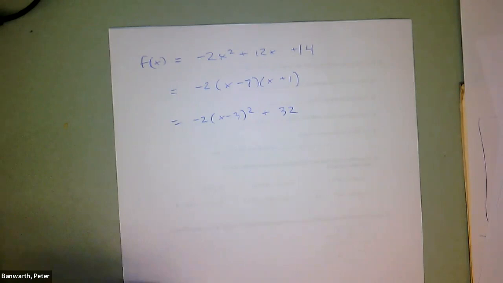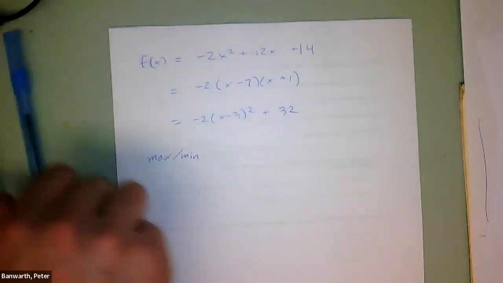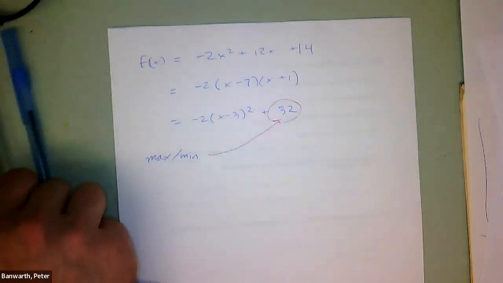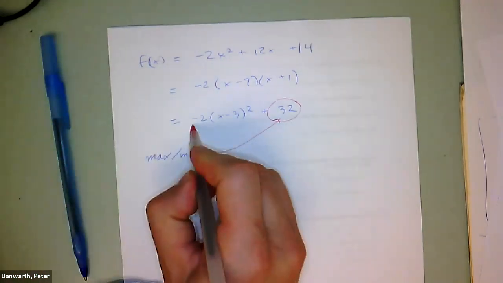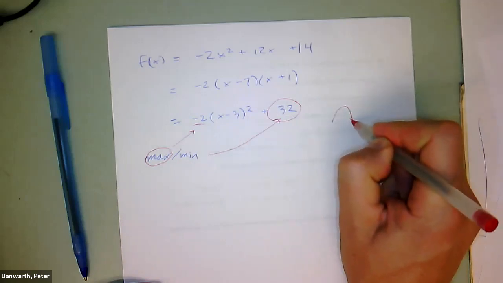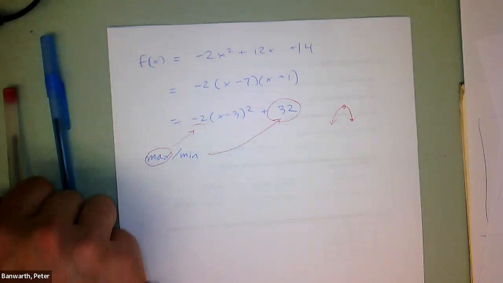We can find a max or a min. That's right there. And because my leading coefficient is negative, that's actually going to be a max because it's got to open down. And we can know when it happens.